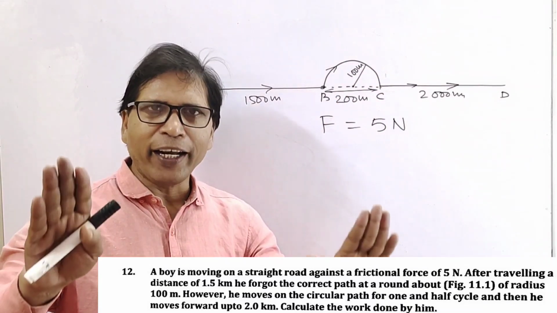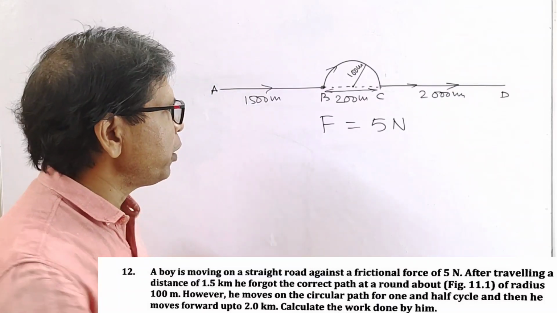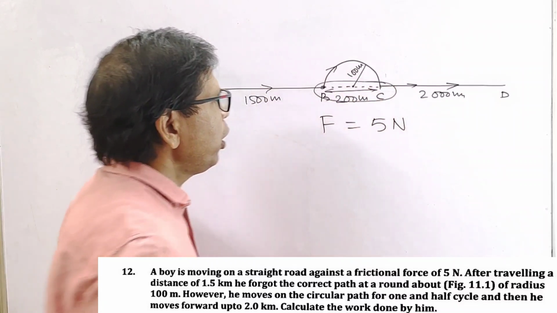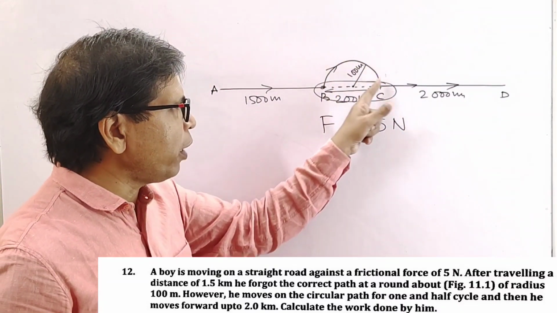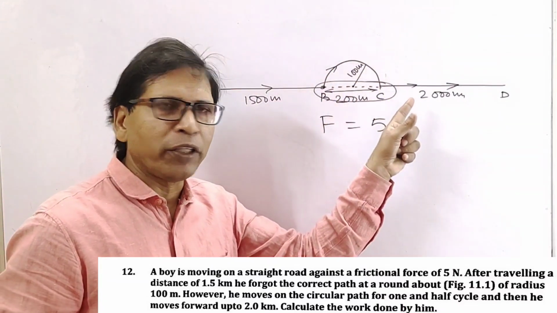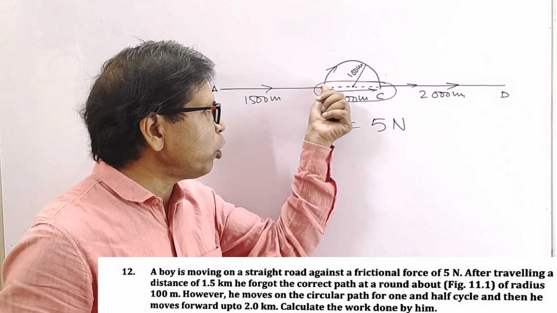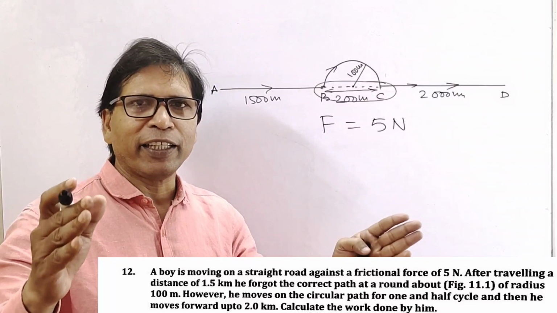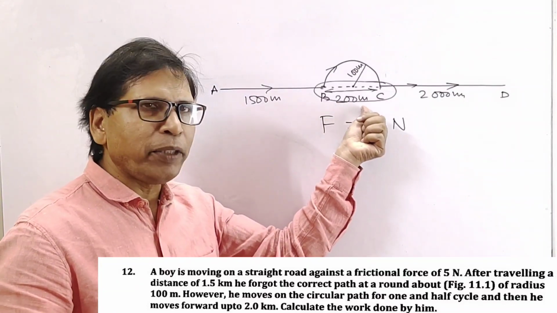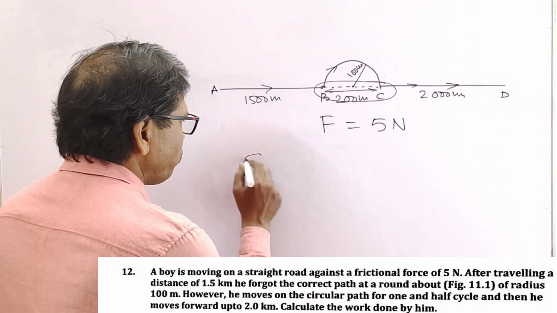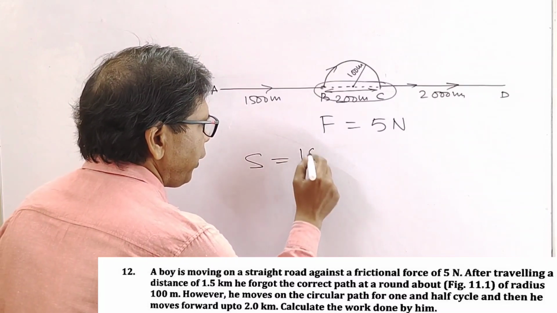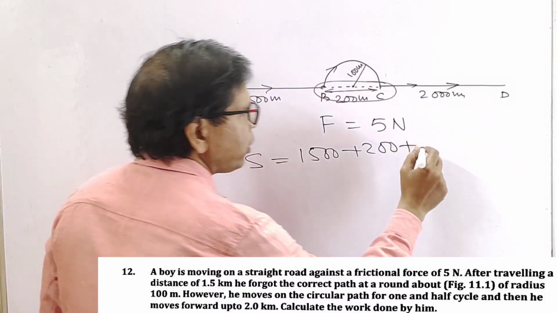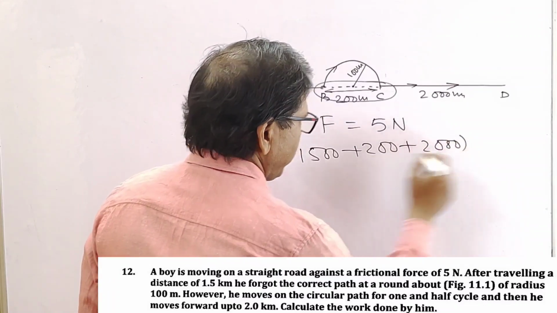Work done is force into displacement, so we have to calculate the displacement. This is the path followed by the boy. Displacement of the circular path is radius plus radius, which is the diameter. Now the diameter is 200 meter. So the displacement of the boy is 1500 meter plus 200 meter plus 2000 meter.